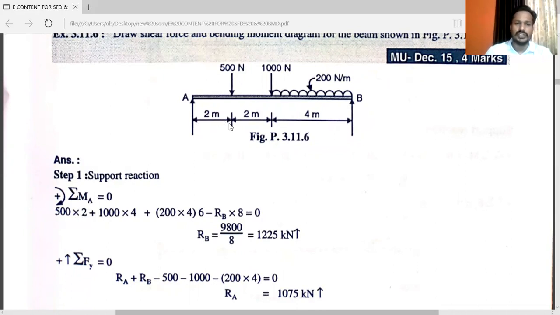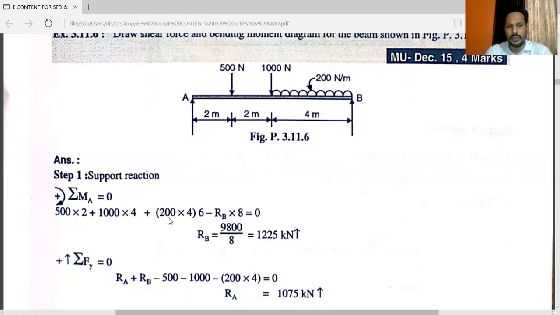that is 2 meter. You can see this distance is 2 meter. So 500 into 2 plus, see this 1000 Newton. You can see this 1000 Newton is moving in the clockwise direction. So plus 1000 into 4 plus, first of all, you have to convert this into point load. So 200 into 4, that will be the intensity.